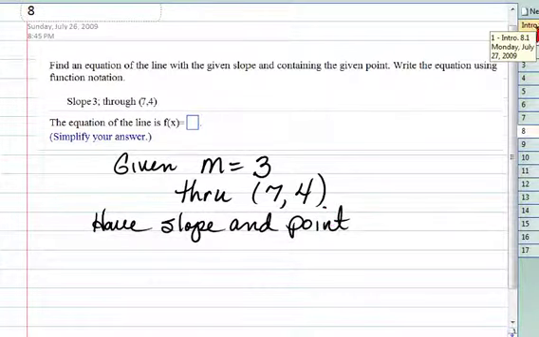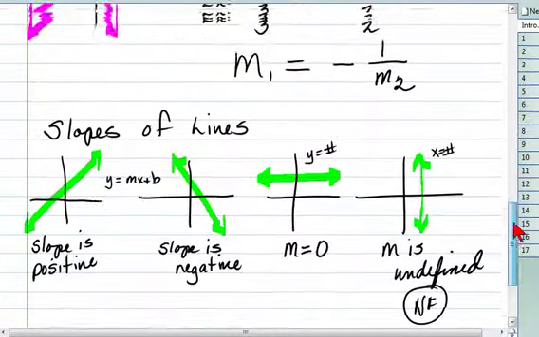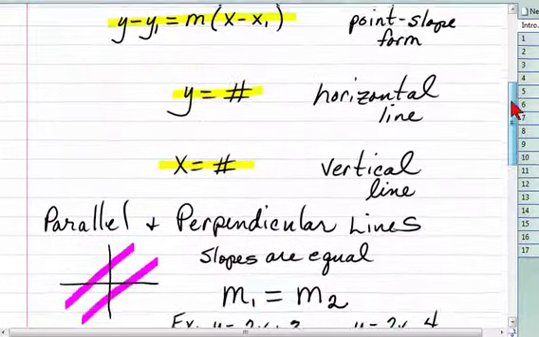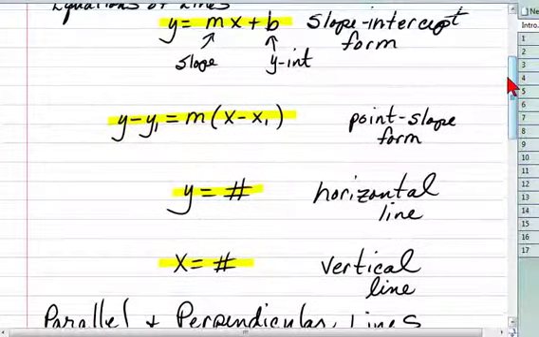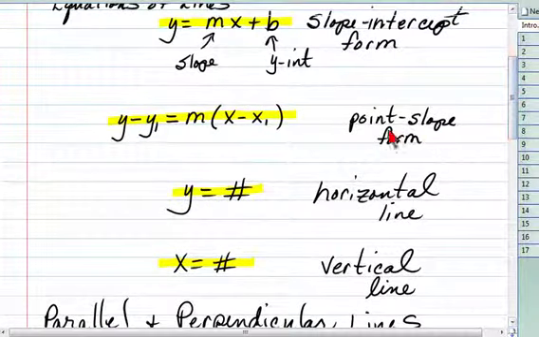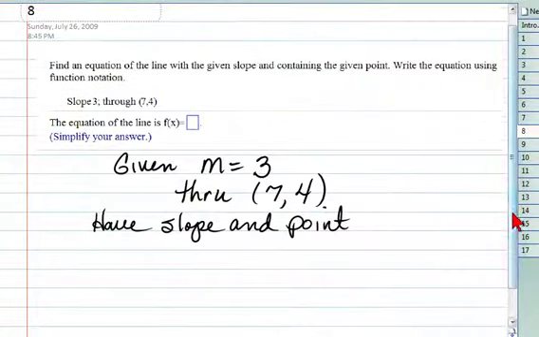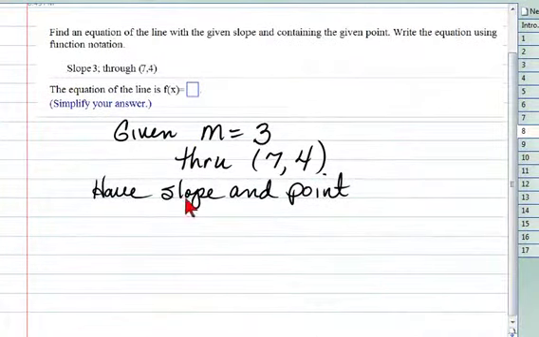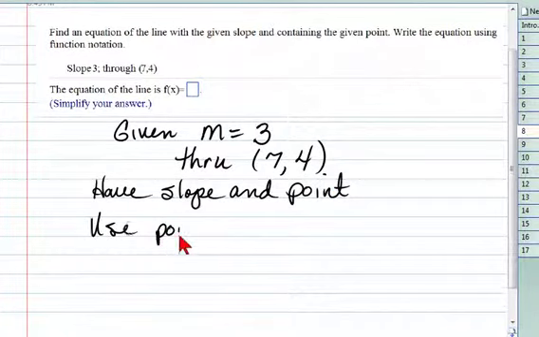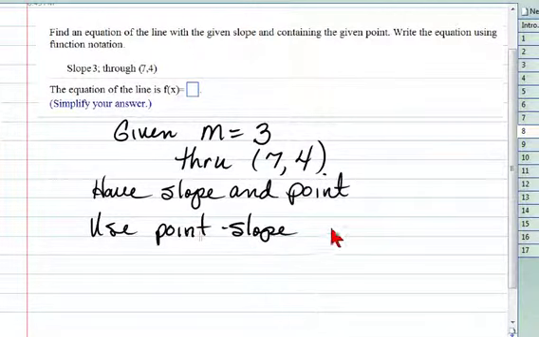I'm going back to my notes. Do you see something called the point-slope form? Point-slope form. If you have the slope and a point, you're going to use point-slope form.